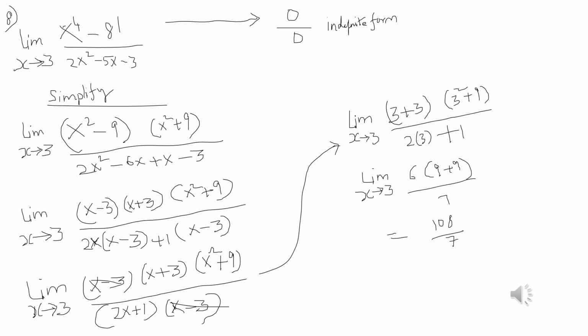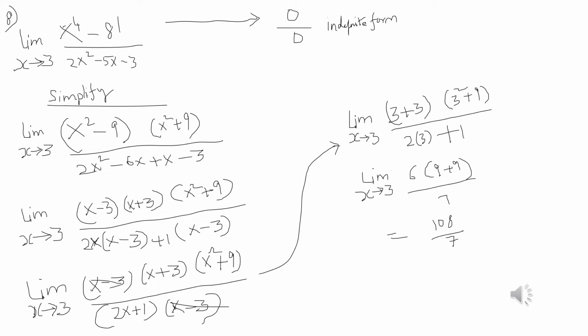Taking 2x as common in the denominator gives 2x plus 1 times x minus 3, and x minus 3 cancels the corresponding similar factors. Now substituting the limit x approaches 3, you find the answer 108 divided by 7, which is very simple.